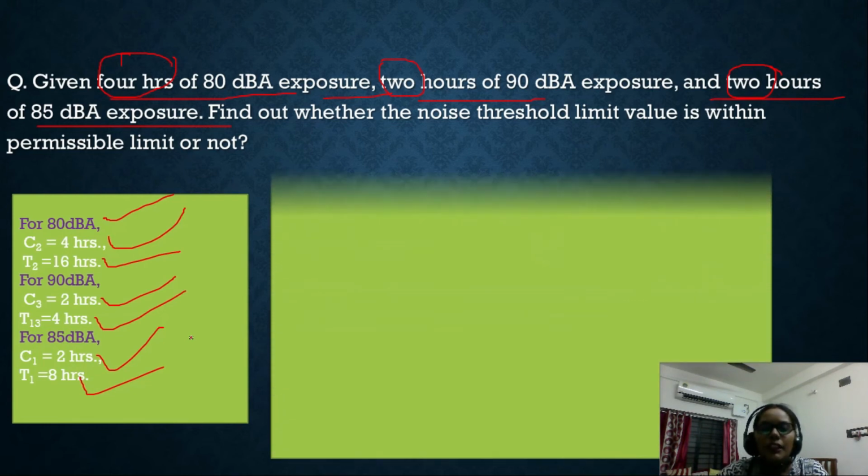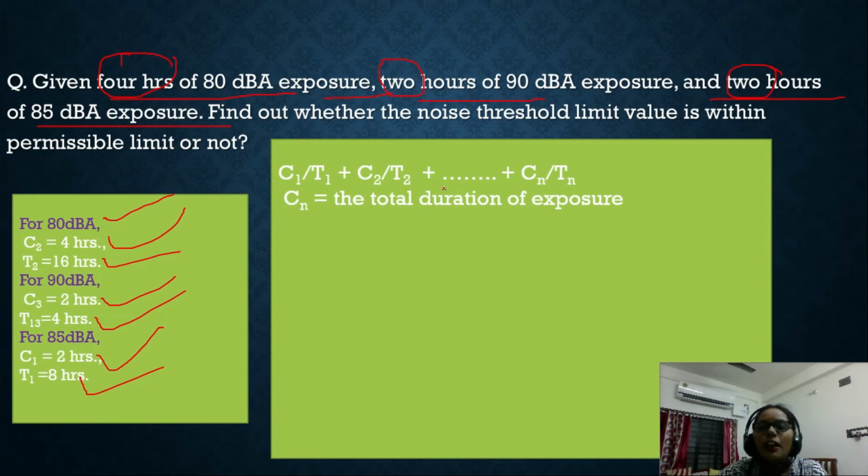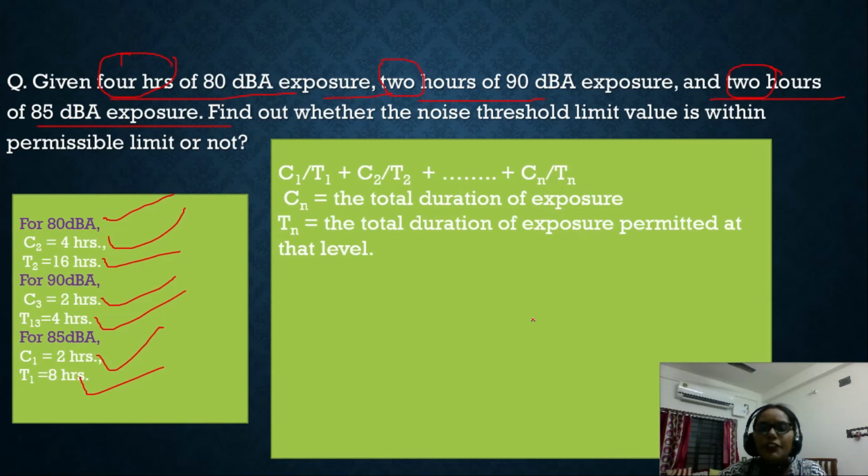Now again we have to use the equation C1 by T1 plus C2 by T2 plus dot dot dot Cn by Tn. All of you know Cn is the total duration of the exposure and Tn is the total duration of exposure permitted at that level. So that means 4 by 16, 2 by 4 plus 2 by 8.